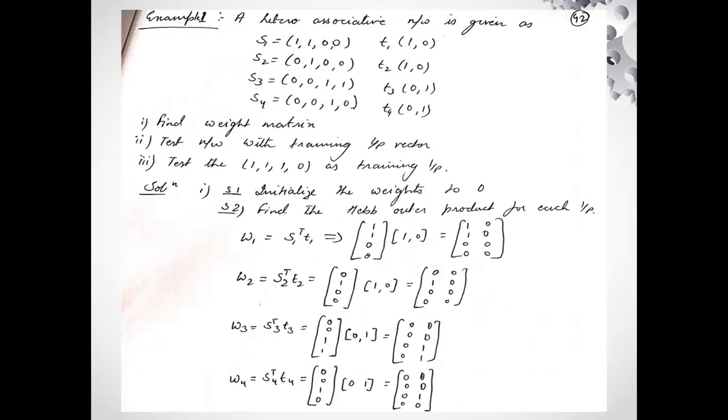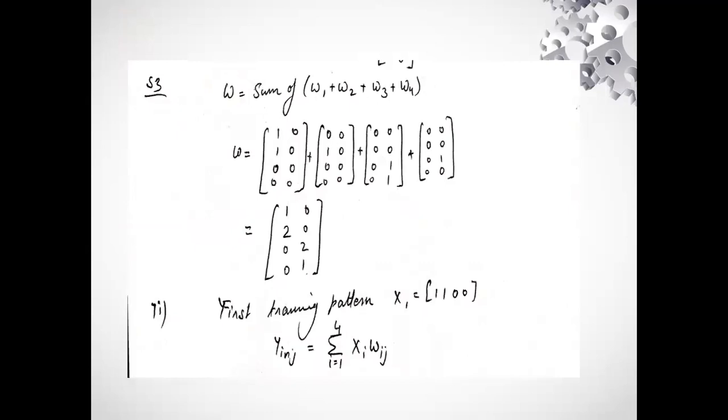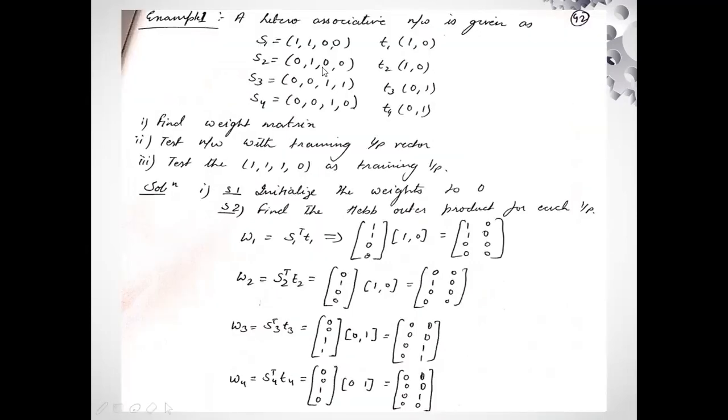Now the second thing is to test the network with the training input vector. How do we test it? See, this is the first training pattern. S1 will be taken as X1 in the algorithm, so X1 is 1100.